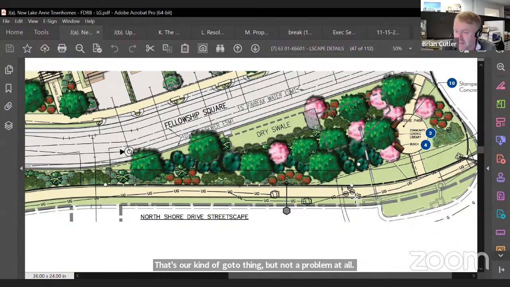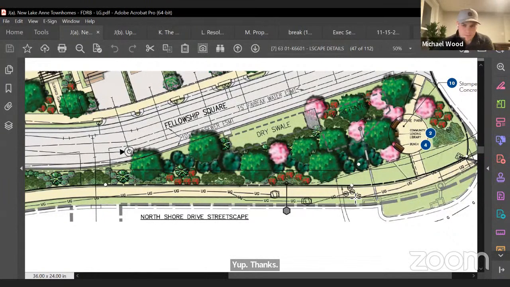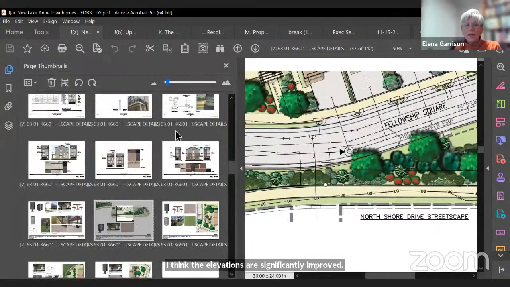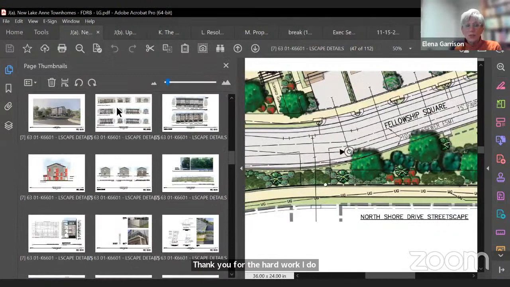Okay, thank you. That was it for me. Yep. Thanks. Thanks, Brian. Elena? I think the elevations are significantly improved. Thank you for the hard work. I do agree that they're quite attractive.